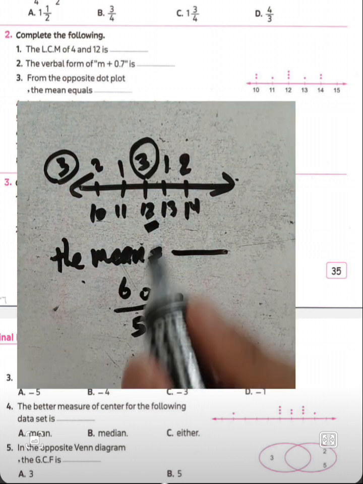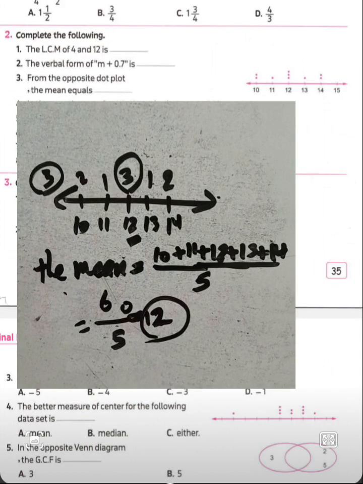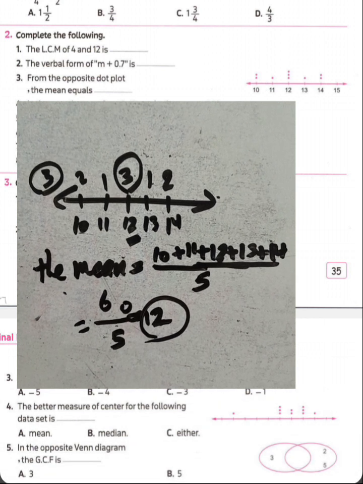Then the mean will be equal to 10 plus 11 plus 12 plus 13 plus 14 divided by the number of all numbers here. We have 5 numbers. 60 divided by 5 equals 12. Then the mean equals 12. Okay, understood. You can find the mean by using this method. To find the mean, we must add all the numbers and divide by the number of numbers.